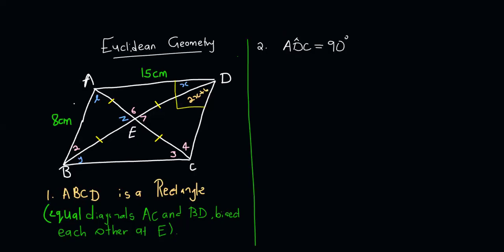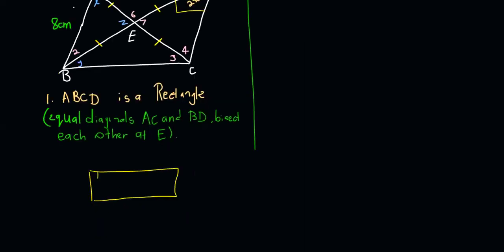Let me show you. A rectangle is like this. Since we have classified it as a rectangle, you know that in a rectangle or a square, we have 90 degrees. So the reason why I'm saying angle ADC is equal to 90 degrees is because it is an angle in a rectangle.